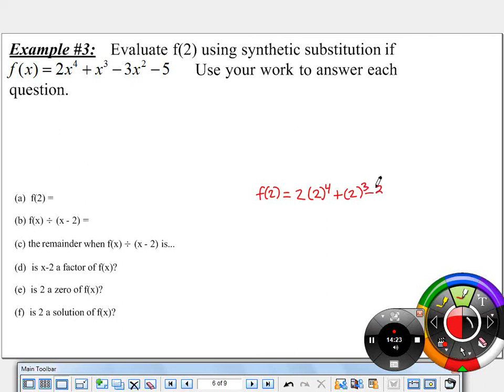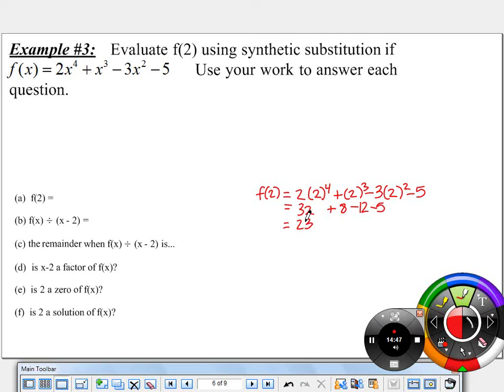And if we do this, let's see. We get 16 times 2, so we get 32 plus 8 minus 12 minus 5. So 32 plus 8 is 40. 40 minus 12 is 28. Minus 5 is 23. Okay.